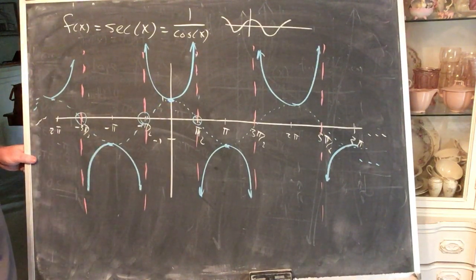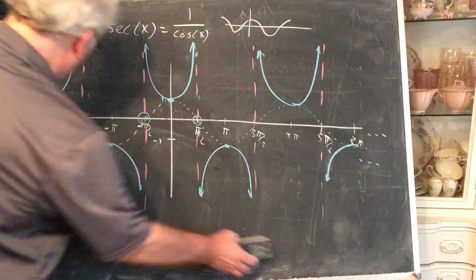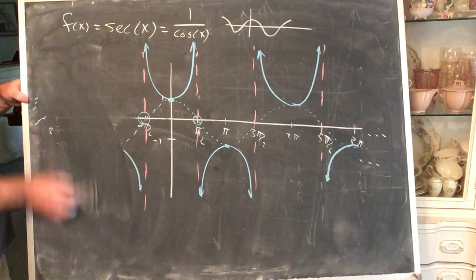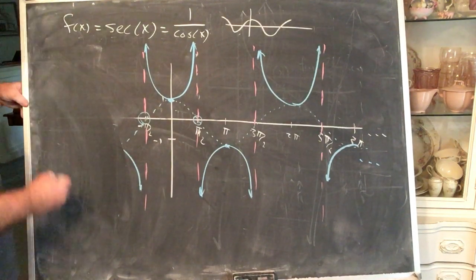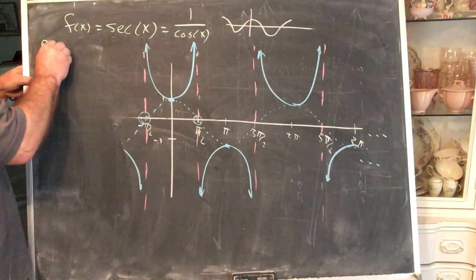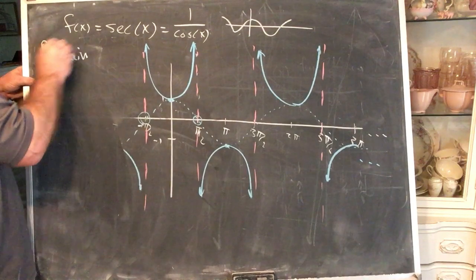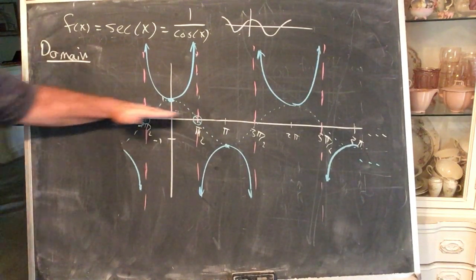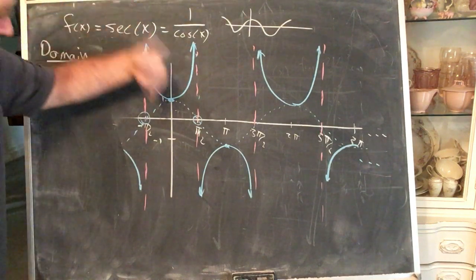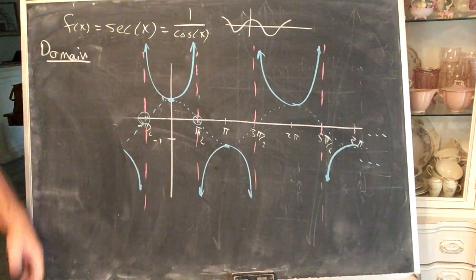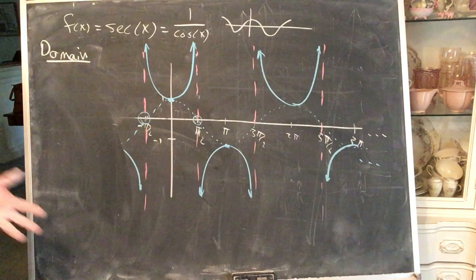All right? So, I'm going to erase some of this so we can get our facts, and that'll be it for our secant function. So, we have domain. Well, the domain is all the axis except we need to throw out the vertical asymptotes. We know what the vertical asymptotes are. They're the same as the vertical asymptotes were for tangent.